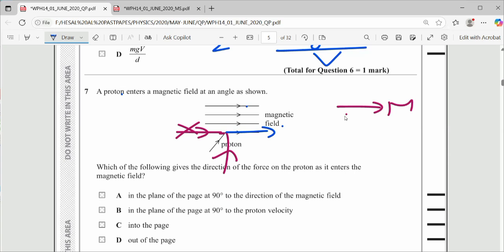There, you can find with your thumb, it points into the page, so it is given by C.